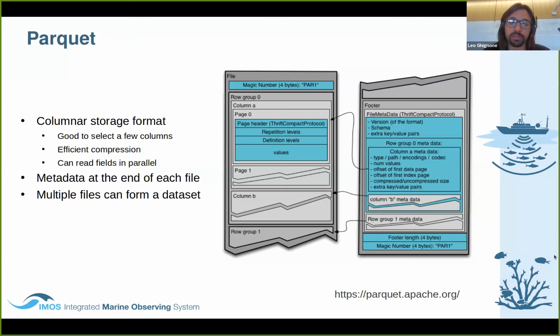And since this format is stored column by column, it's easy to select just a few of them and to download only the portion of the data containing those columns. The columnar format allows for efficient compression because you will have similar data stored next to each other. Since we're storing all the values from the same column, one after the other, it's likely that there will be repeated values that are easy to compress.